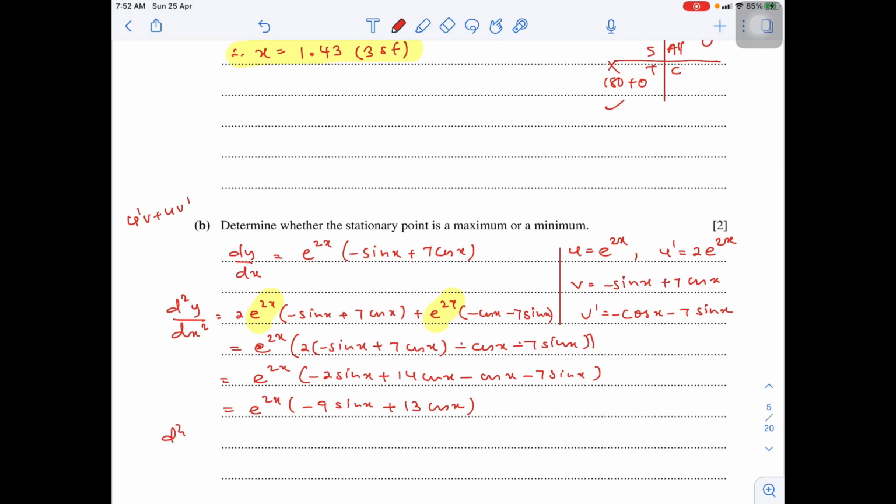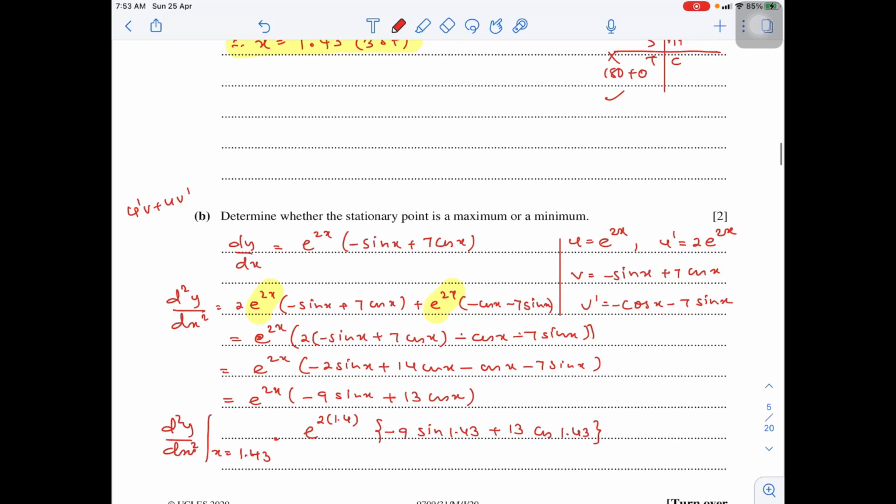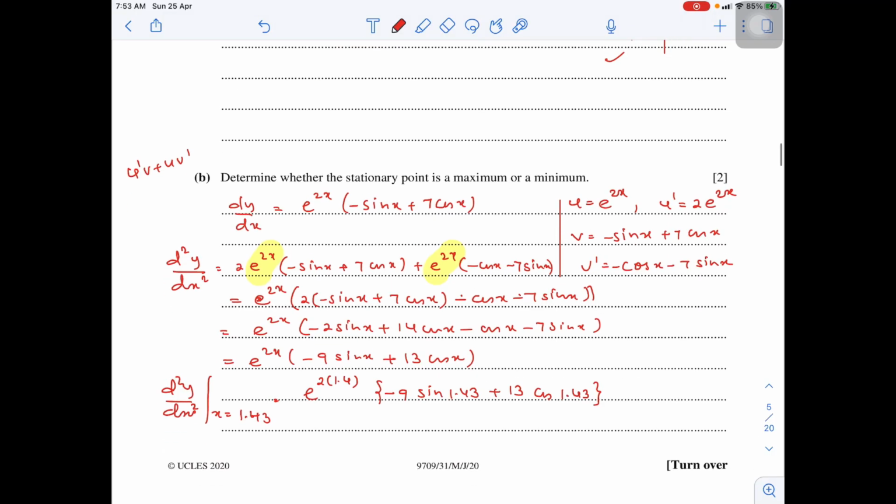Now for d squared y over dx squared, whether it's a maximum or minimum at the point where x is the value that we found, x is 1.43. So let's calculate d squared y over dx squared at x is 1.43. E to the power 2 times 1.43, times (negative 9 sine 1.43 plus 13 cos 1.43).